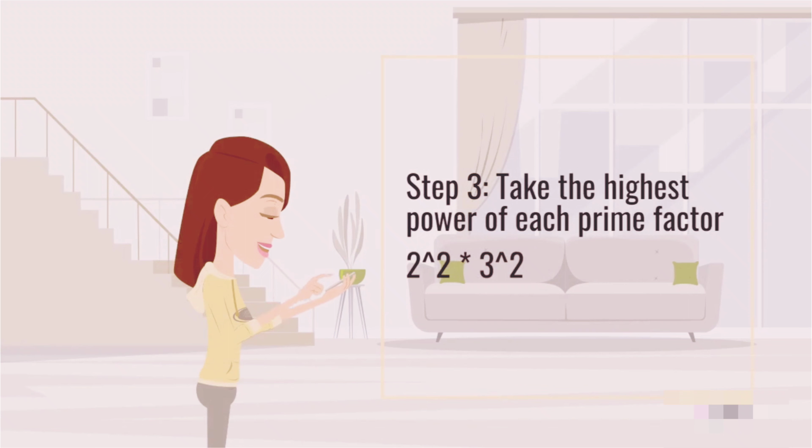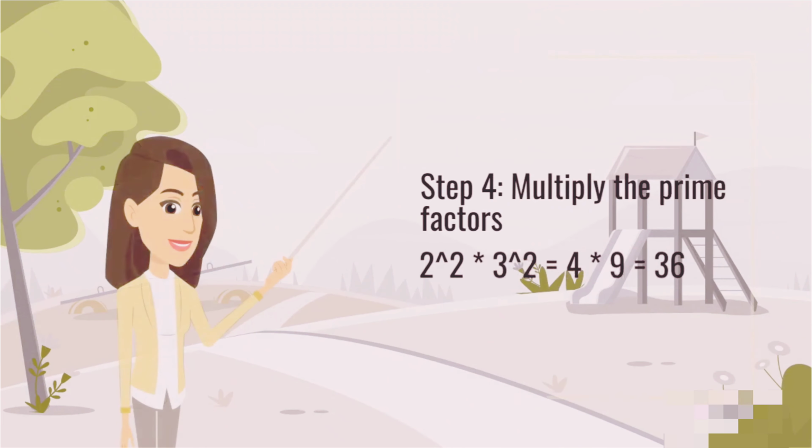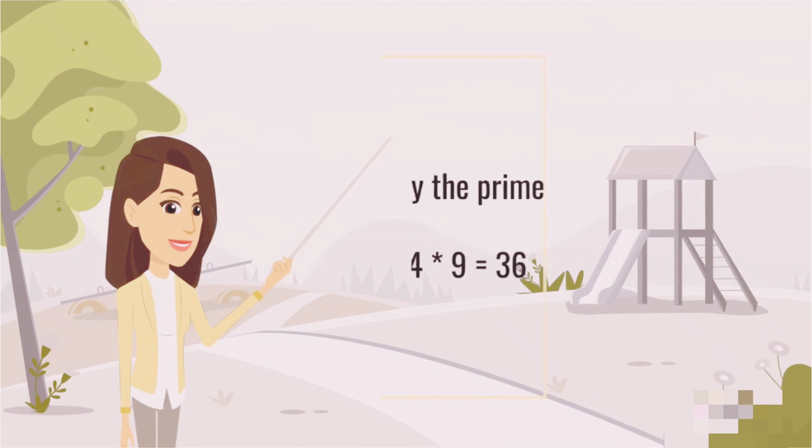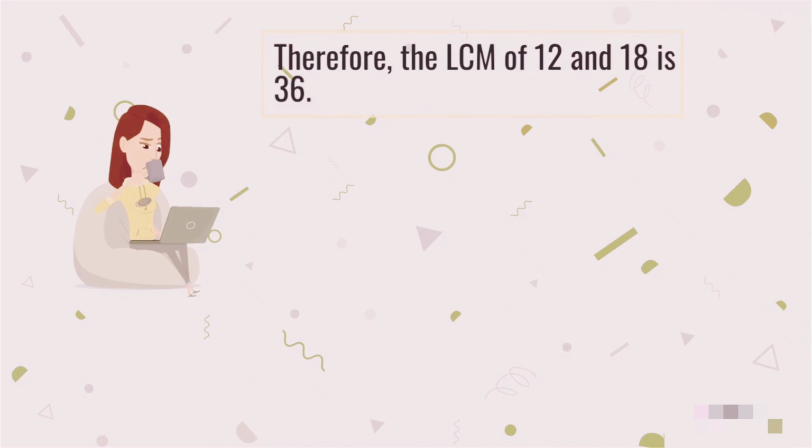Step 3, take the highest power of each prime factor. 2 squared, 3 squared. Step 4, multiply the prime factors. 2 squared times 3 squared equals 4 times 9 equals 36. Therefore, the LCM of 12 and 18 is 36.